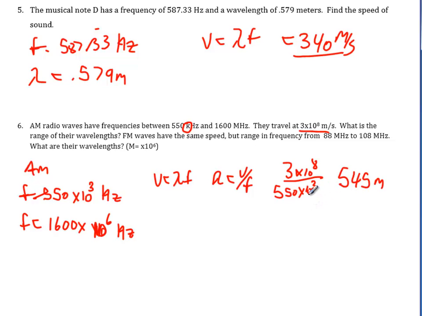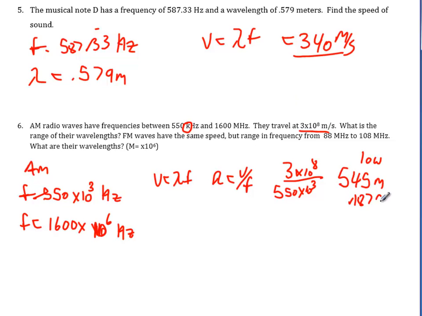Of course, this is for the lower range, so this is the longest of the wavelengths. If I go up to 1600, then 3 times 10 to the 8th divided by 1600 times 10 to the 6th is 0.1875. You've got to be careful.